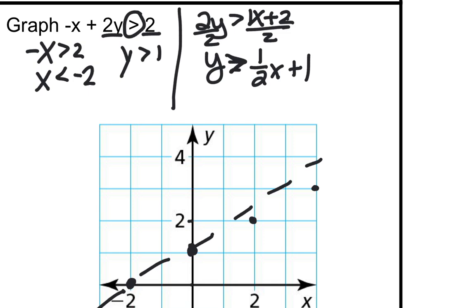See how sometimes you can be a little more accurate on your graph by using slope-intercept form.